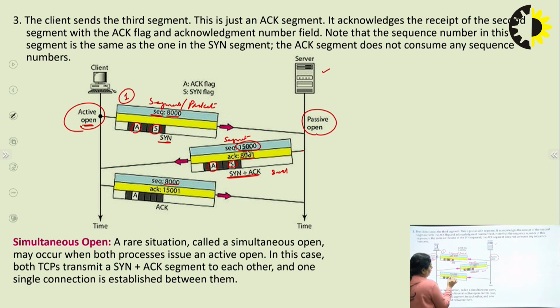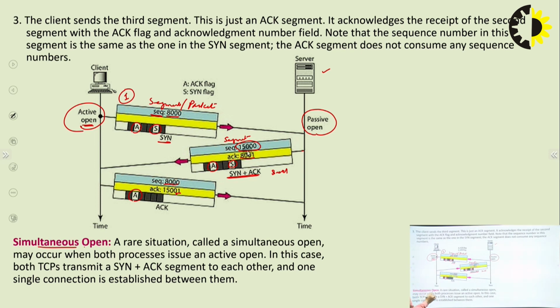So the sequence number is the same in the next segment also, because no data is transferred, only the acknowledgement of the previous segment is being sent. So there is no increment in the sequence number sent by the client. Again, it is acknowledging the segment of the server, so the acknowledgement number is increased by 1, which is 15,001. Again, the acknowledgement segment is here, so the acknowledgement flag is set to 1.